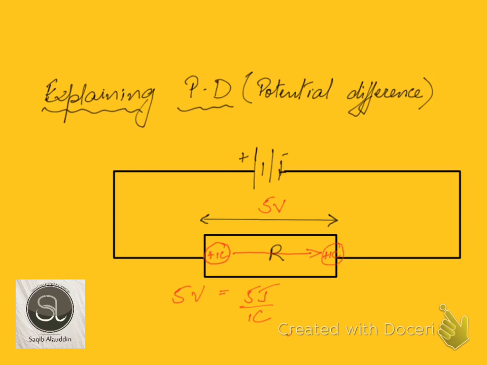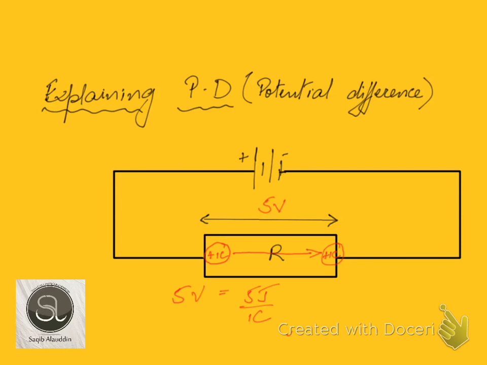Now, what do we mean by dissipate or consume 5 joules of energy? This means that the charge had 5 joules of electrical energy, and this electrical energy is converted to some other form. Now, when I say some other forms, usually it is heat. When this 1 coulomb charge is passing through this resistor, it is using up this energy, or you can say it is doing work in passing through the resistor.